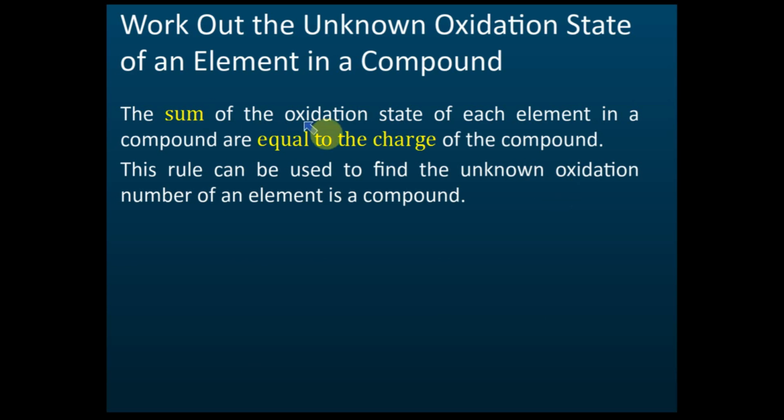So the sum of the oxidation state of an ion is equal to the charge, and we can use this to find the unknown oxidation state or oxidation number of an element in a compound. In a compound, not is a compound. What does this mean?